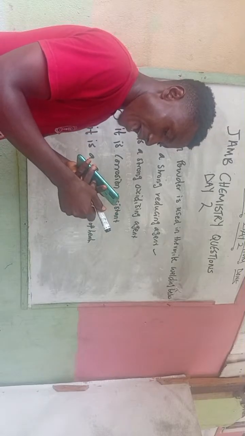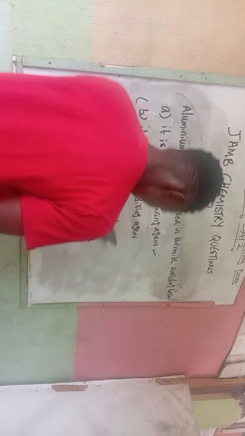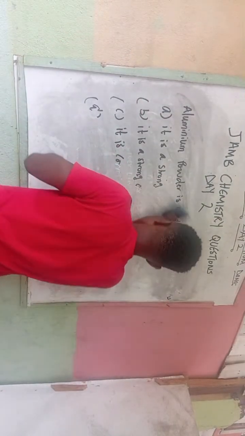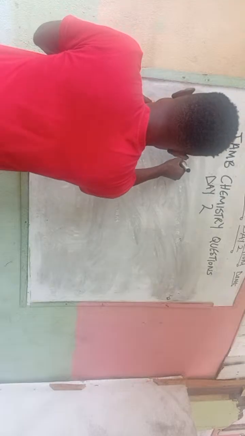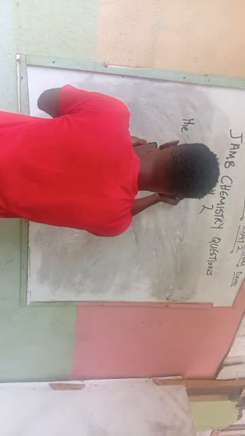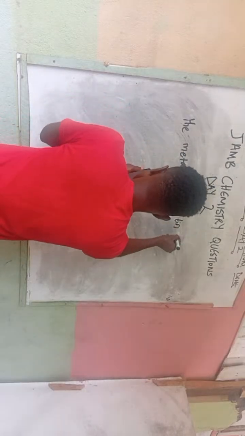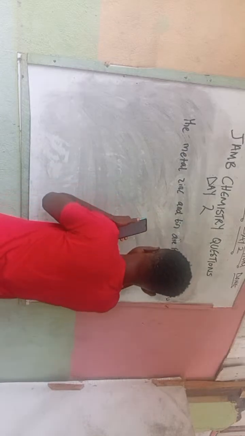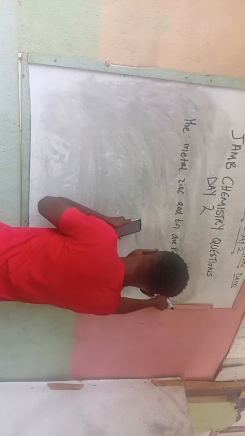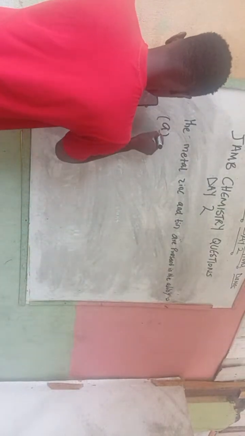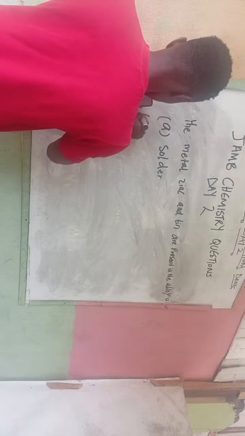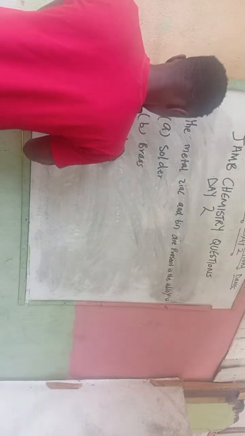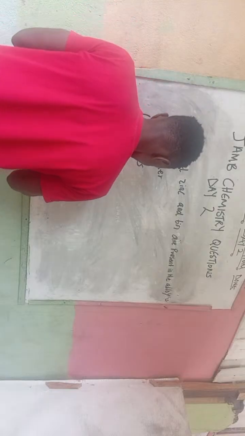The metals zinc and tin are present in the alloy: A, solder, B, brass, C, bronze, and D, duralumin.